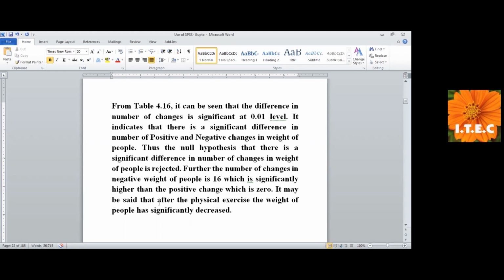So therefore, we are finding, or if you want to say that the physical exercise was found to be effective, it may also be said that physical exercises were found to be effective in reducing the weight.